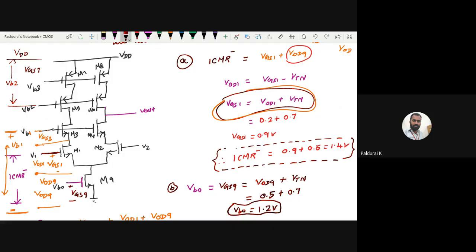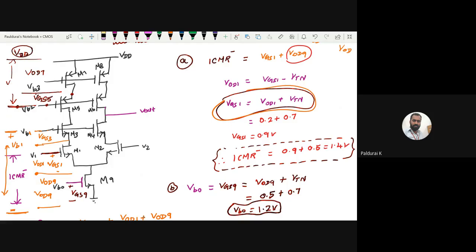So can I write VB2? Actually, listen to me properly. The applied VDD, then here there is an M7, right? So till this point, it is the overdrive voltage of the 7th transistor. Here to here is actually your VGS. This is my gate, this is my source of the 5th transistor. So this formula applies to the voltage VDD. I want to calculate the voltage at this point.